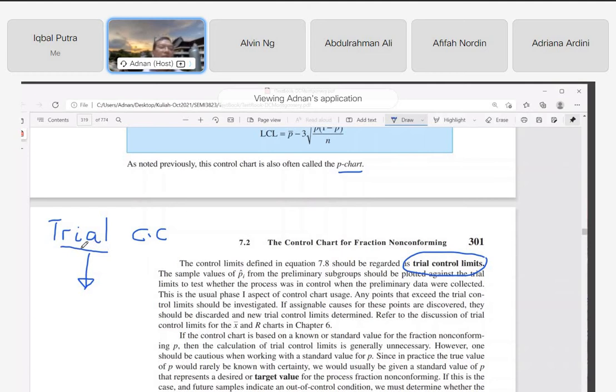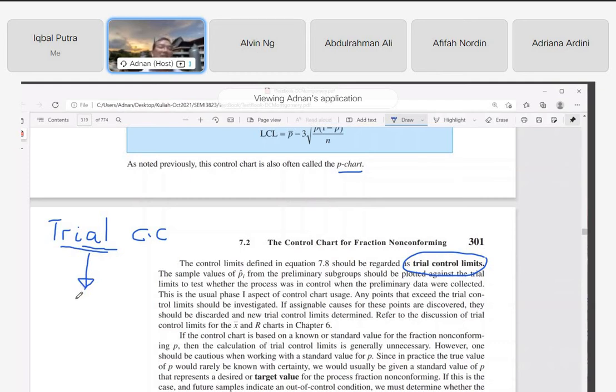After knowing the problem of the control chart, we investigate the process, we stop the process, we identify the root cause, we eliminate the assignable cause that we have identified, and then we remove those out-of-control data. Then we use the revised control limit to monitor the future process.